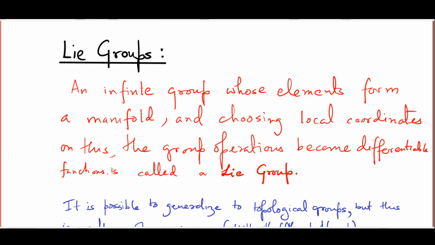So what this means really is that you can essentially parameterize group elements by a bunch of numbers. Those are the local coordinates we have been talking about. And what's also important is that when you multiply two group elements, each group element comes with its own values for parameters.